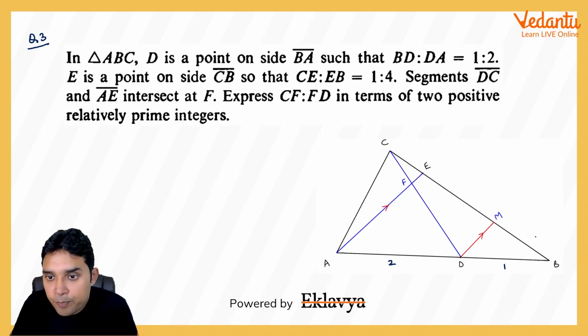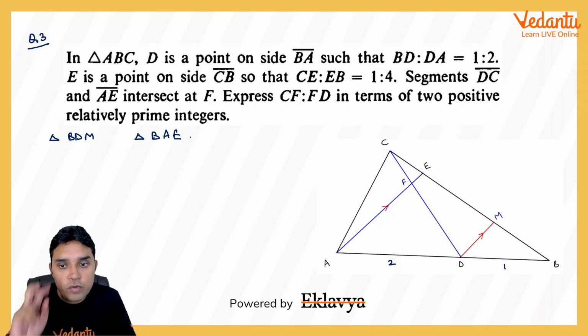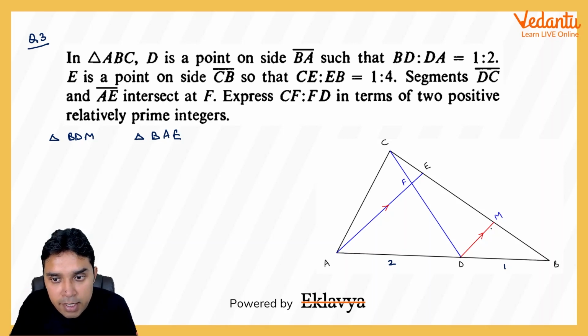Now please see in these triangles, let me mark them, BDM and the triangle BAE. You can look at this in two ways. One is the basic proportionality theorem, because this DM is parallel to AE.